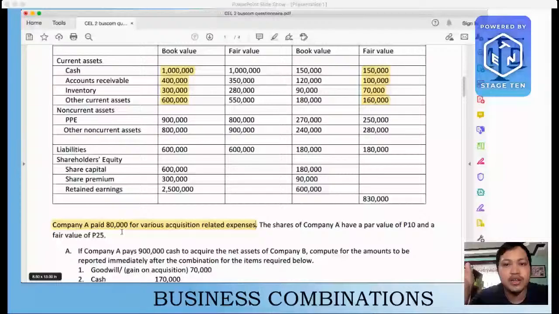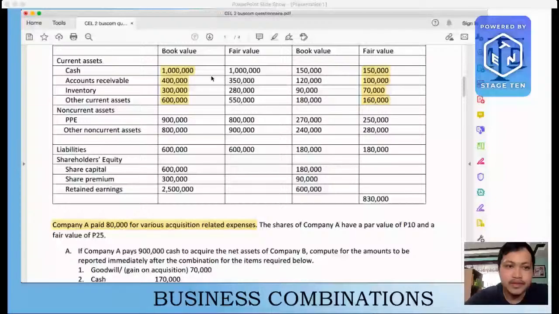Combine the amount reported by the acquirer with the fair values of the assets and liabilities of the acquiree: book value for the acquirer, fair value for the acquiree. Okay? Ignore book value for the acquiree, ignore fair value for the acquirer. But again, it's very important, class.